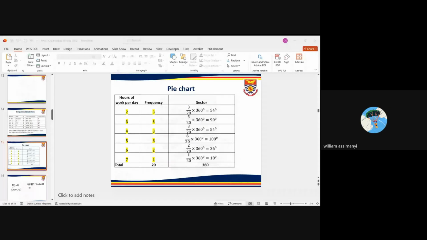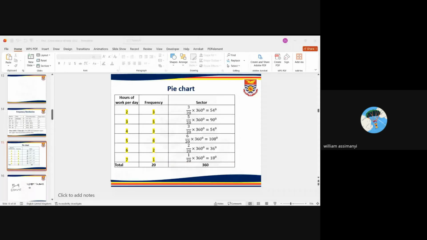The third one says it handles continuous data. So the class boundary makes the data that we have there continuous. We want to treat them as continuous so that we can deal with them as such.